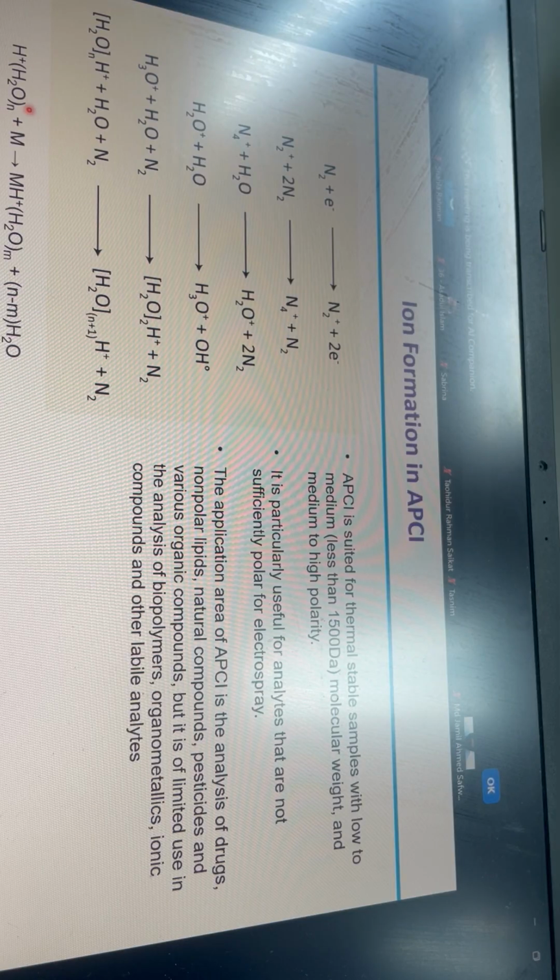Analyte will be joining with water vapor, so then you will have a water based adduct. You will not have any other adduct, but in atmospheric pressure chemical ionization, you will see water added because you use water.